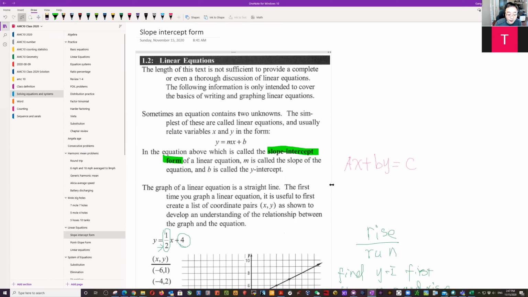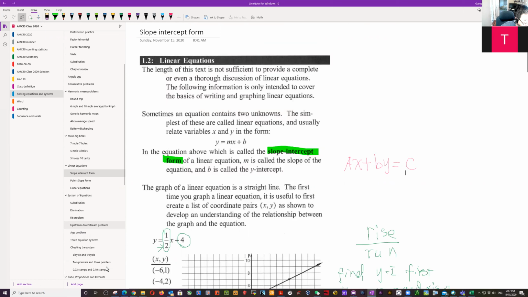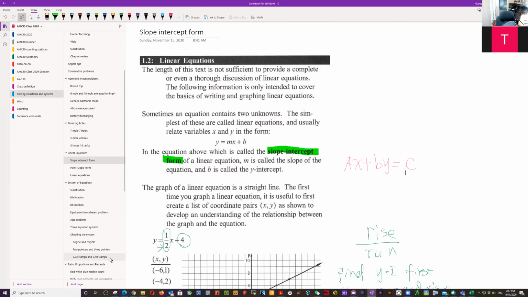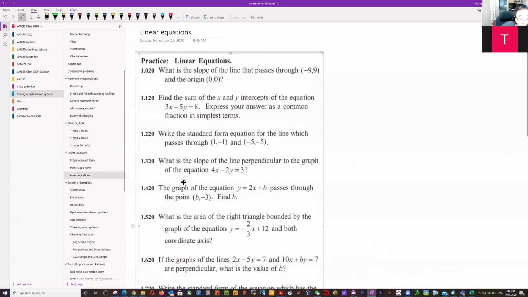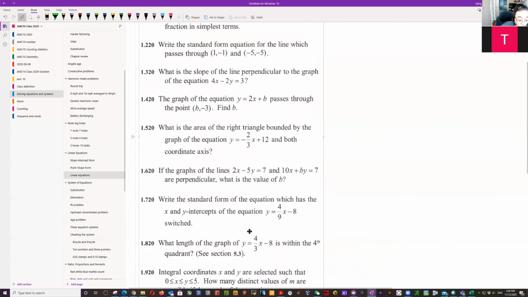So it's actually quite easy. Let's try to do just a few of those linear equation problems, so you at least know.